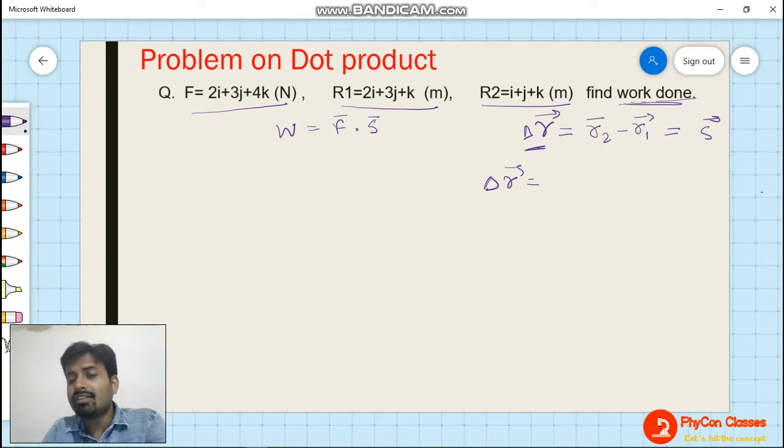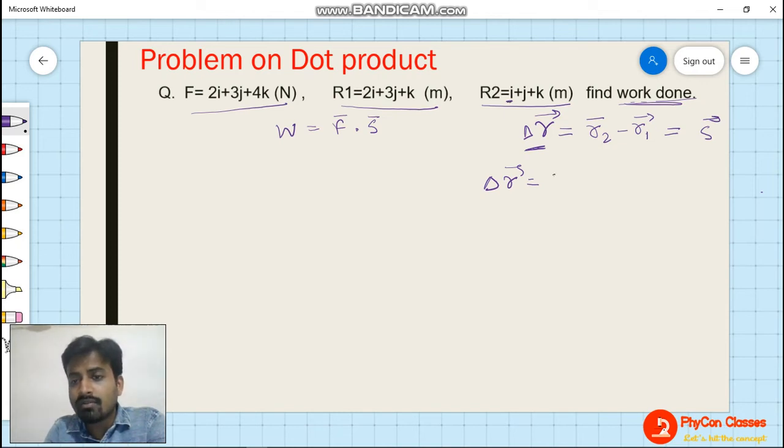So for r2 minus r1, you have to subtract the magnitude of i from i, then j from j, then k from k, and the final result will be a vector only. So in r2, i has the magnitude of 1 minus 2.